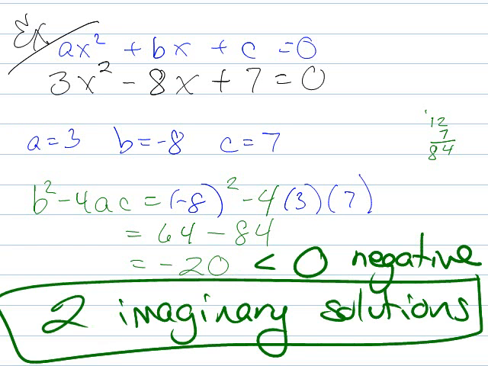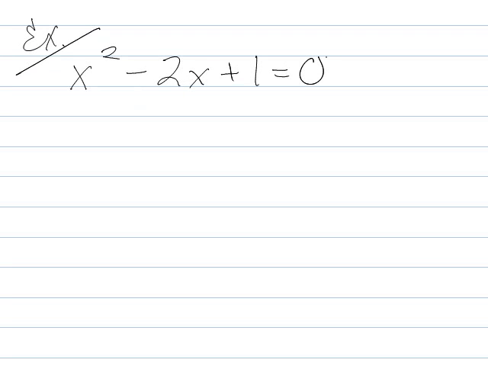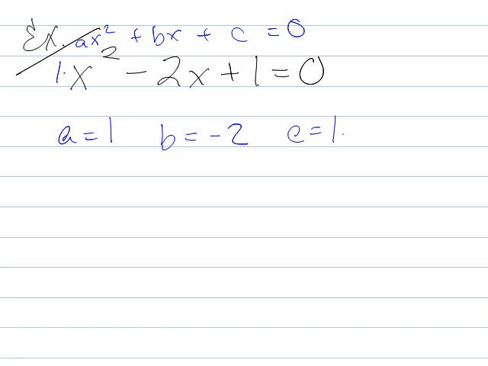So let's try one more. I bet you can guess what the answer is going to be here. Let's try x squared minus 2x plus 1 equals 0. So we've got ax squared plus bx plus c equals 0, so a equals 1, b equals negative 2, and c equals 1.